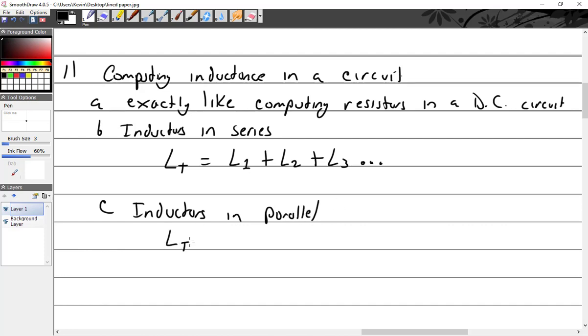L total equals 1 over L1 plus 1 over L2 plus 1 over L3, all of that, 1 over. Think you can do that? I mean, that wasn't hard, was it?